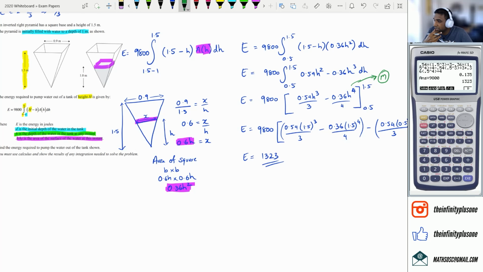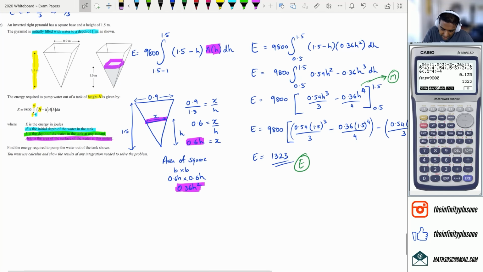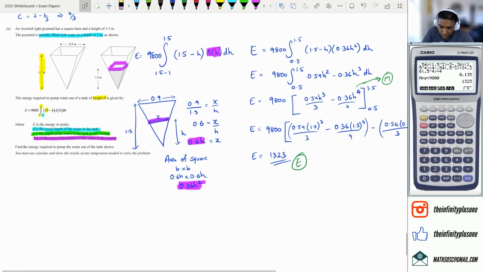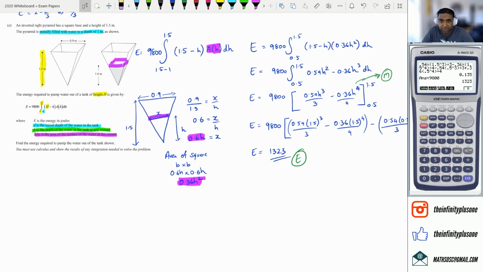Would that count? I'm not sure. Final answer is correct solution. Excellence is correct solution with correct integration. So you have to do both to get that E grade. Otherwise, this question is just a merit or an excellence grade question.